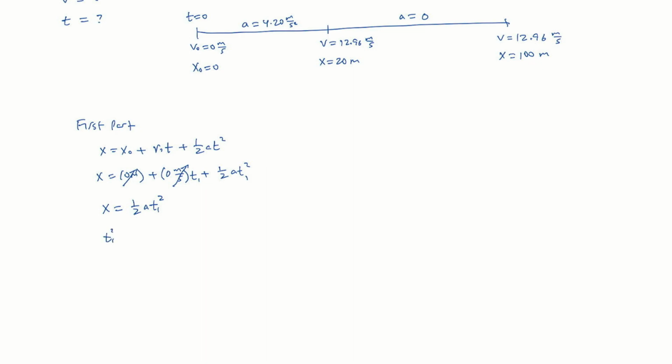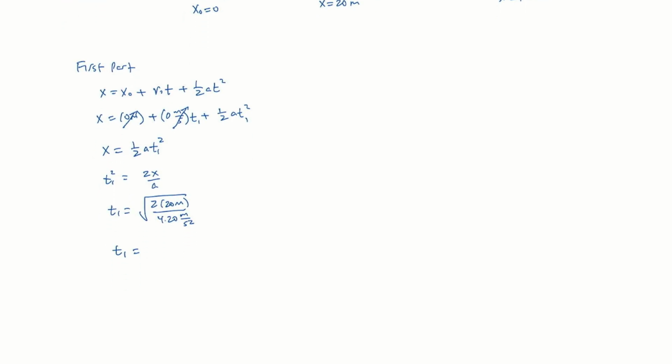So t1 squared is 2x over a, and that's going to be 2 times the 20 meters divided by 4.20 meters per second squared. This gives a time of 3.086 seconds.